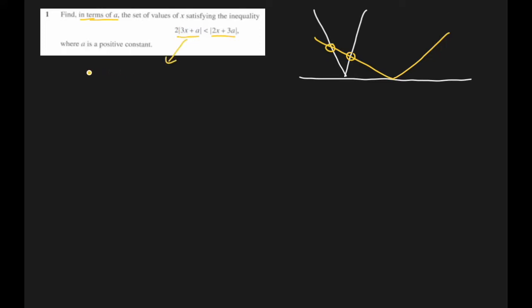So let's write this one first. If I open the brackets here, it becomes 6x plus 2a, and let's make it a different function. This other one will become another function, y equal to plus or minus 2x plus 3a.